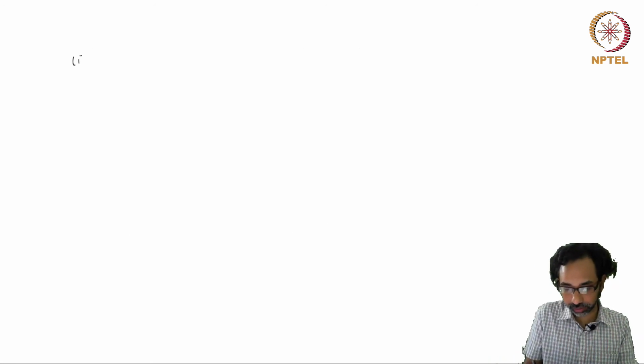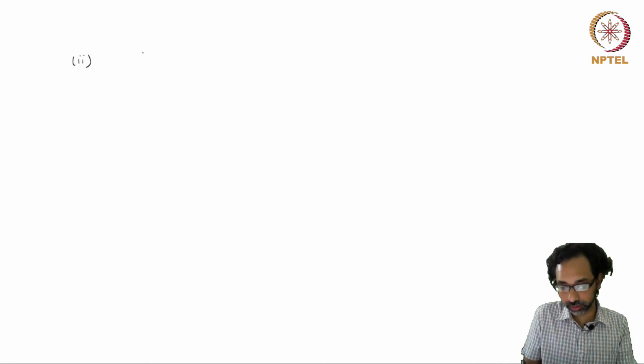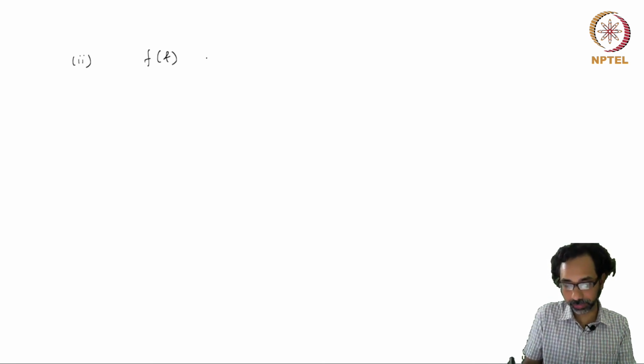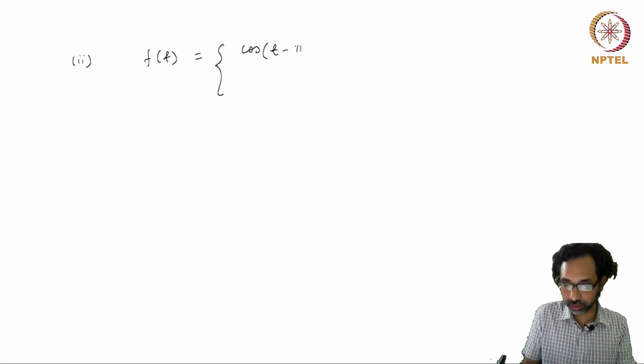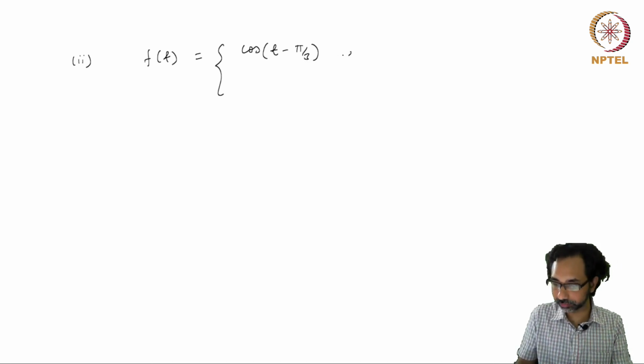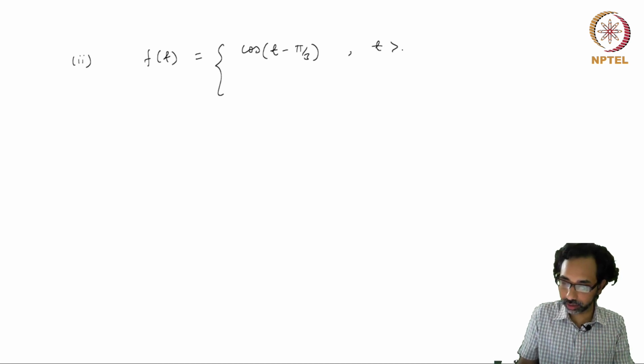For the second shifting property, let's see another example. Let's say our f(t) is given by cos of (t minus pi by 3) for t greater than or equal to pi by 3, and 0 if t is between 0 and pi by 3.